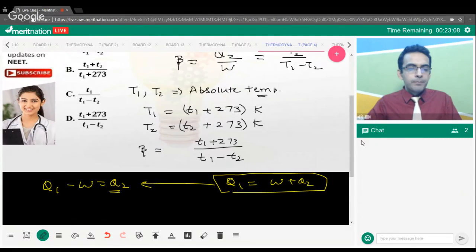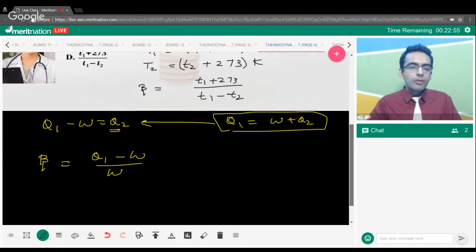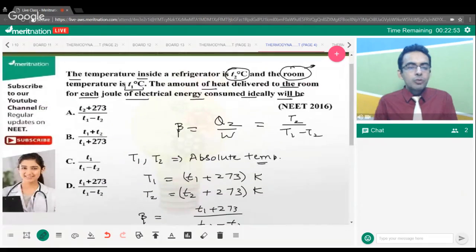So from this, we can write beta as Q1 minus W divided by W. Now, what do we have to find? We have to find the amount of heat delivered to the room for each joule of electrical energy.